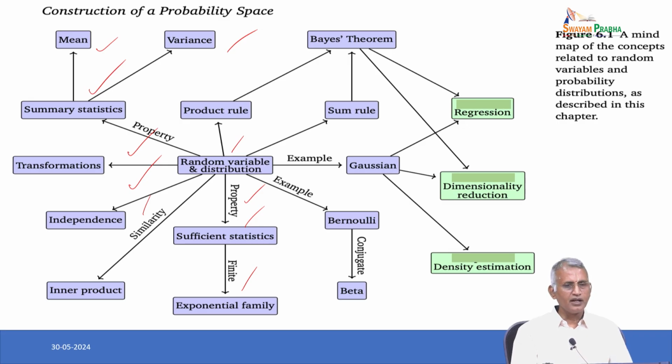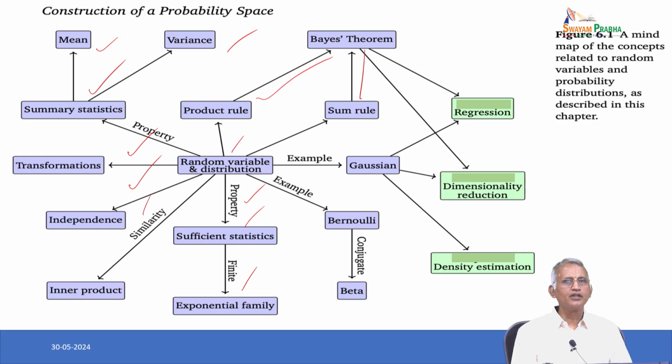In terms of the mean and variance of the statistics, we have Bayes theorem. The product rule related to Bayes theorem, and then the sum rule related to Bayes theorem, and the product and sum rule are also associated with the random variable and distribution.